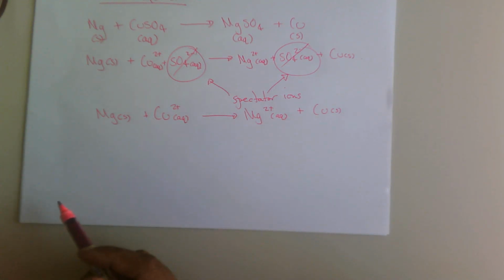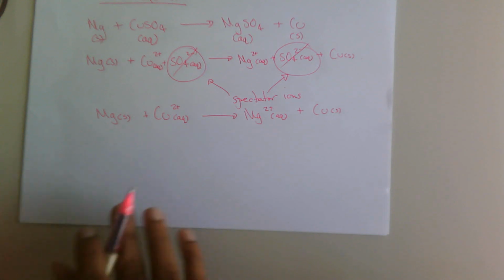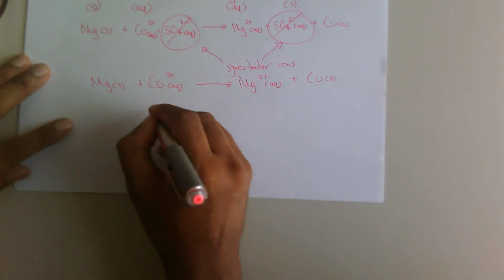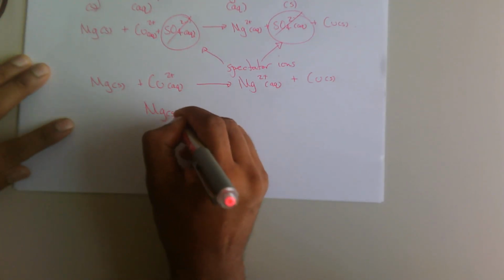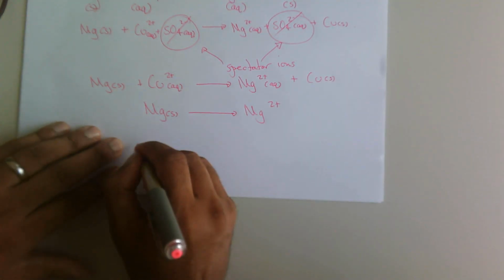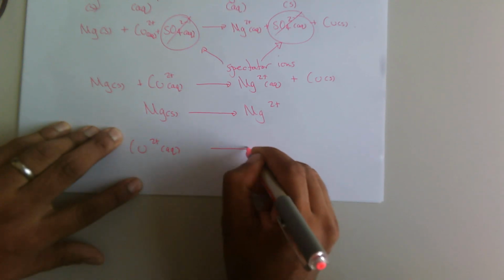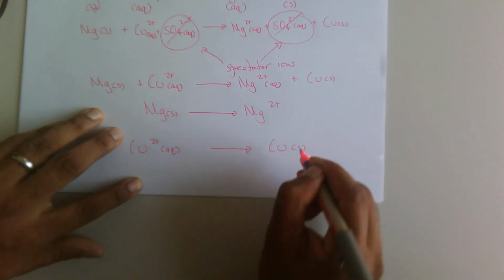Now you can develop that further into looking at what is happening to magnesium on its own and what is happening to the copper ion. So magnesium solid is becoming Mg2+, and Cu2+ aqueous is becoming Cu solid.